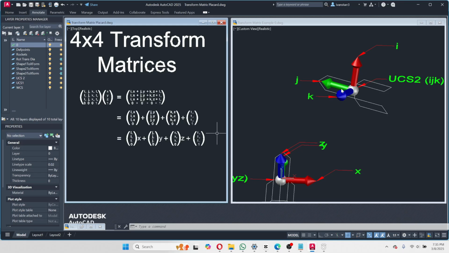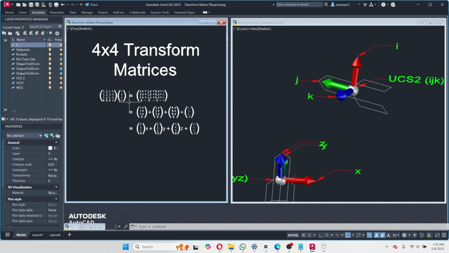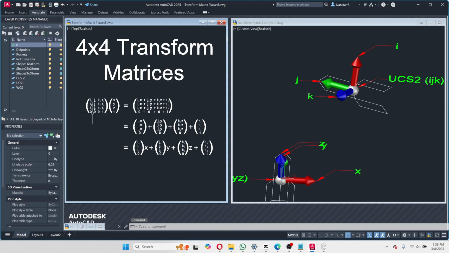And it takes the z-axis unit vector, k, and multiplies it by the original z-coordinate, and then it adds the translation vector. And that's really all it does, and it's all packaged up in this 4x4 matrix.